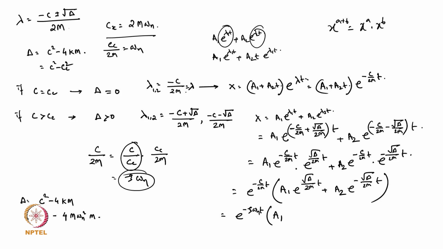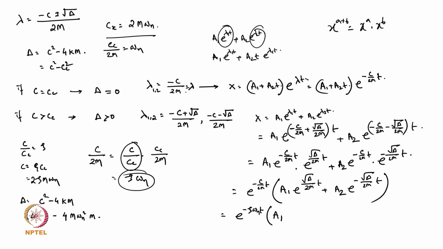So I can see that here I assume c by Cc equal to xi. So can I say c equal to xi into Cc, and xi into 2m omega n, so Cc equal to 2m omega n? Can I write that? Very good.